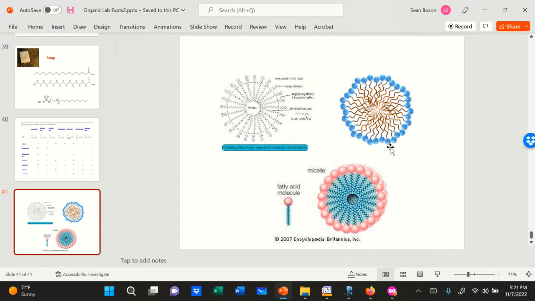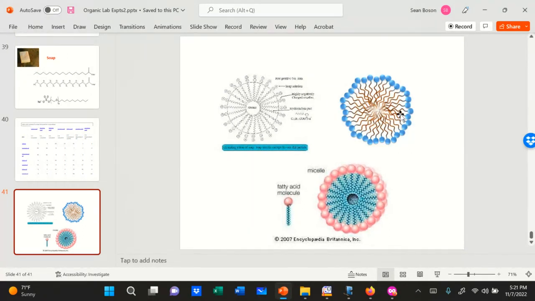So look at this. If you look at the picture, let's say the second one, the blue, the one I am moving my cursor on. The blue end is actually that carboxylate anion part. And the long hydrocarbon chain is the inward part. Hydrocarbon is hydrophobic. They don't like water, but they like each other because they are hydrophobic.